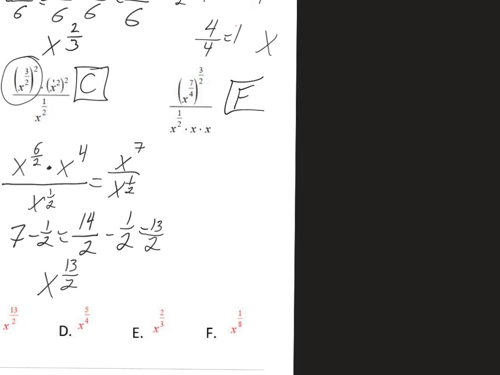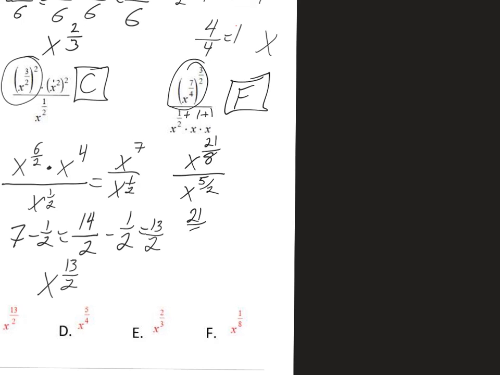So we should all have gotten F. Let's go ahead and multiply these things together. So looking at this top part, 3 times 7 is 21. 4 times 2 is 8. All over, let's add these together. So a half plus 1 plus 1. So x to the 5 halves.